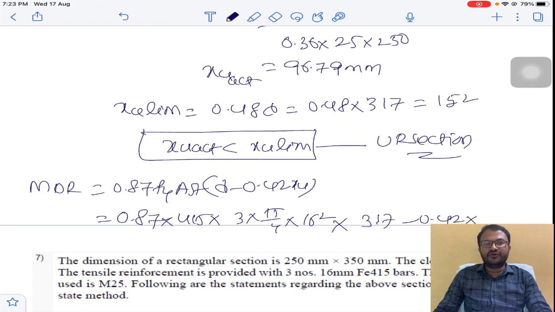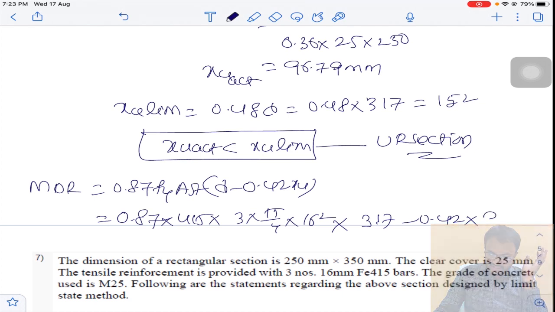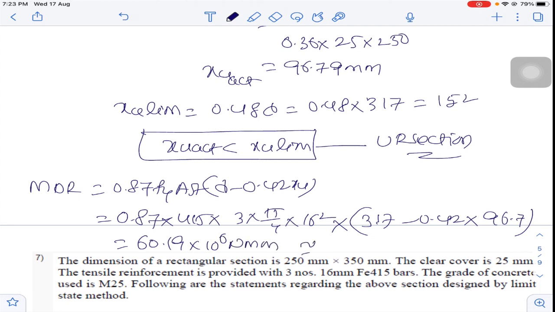For under reinforced section we need to take actual depth of neutral axis during calculation of moment of resistance. So that is 96.79. You will get it is 60.19 into 10 power 6 Newton mm. So that is approximately 60.19 kilonewton meter.